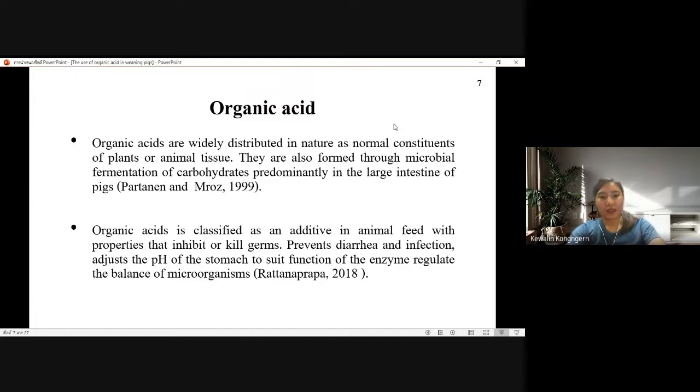Organic acid is classified as an additive in animal feed with the properties that it inhibits or kills germs, prevents diarrhea and infection, adjusts the pH of the stomach to suit the function of the enzymes, and regulates the balance of the microorganisms.